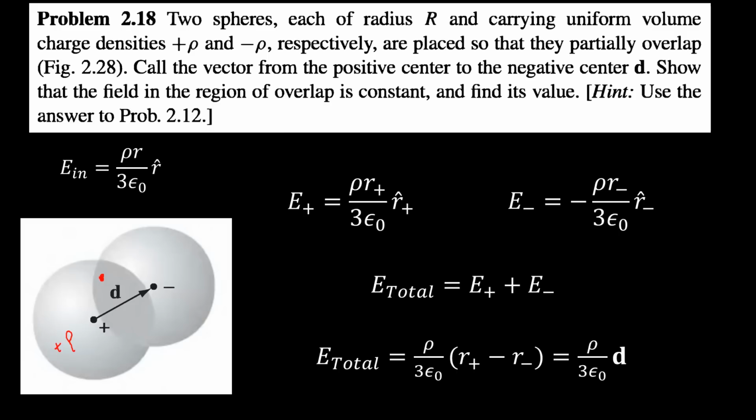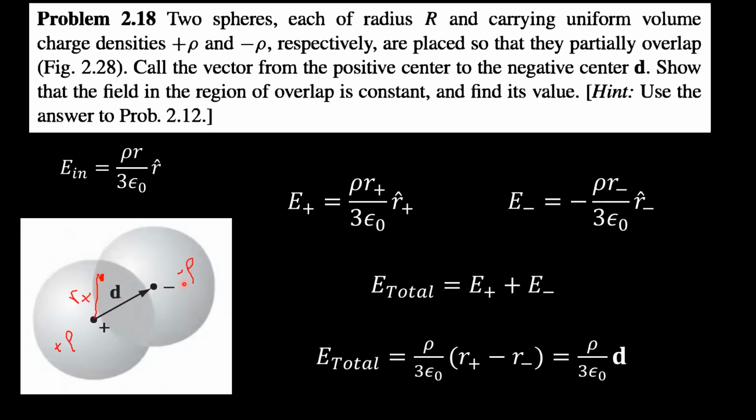Rho is positive here, and here rho is negative. So now what will happen? Electric field due to this point. Let us say this distance is r plus. So this is E plus, because we are considering the positive charge.